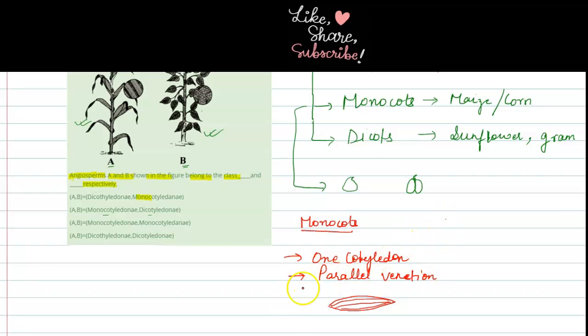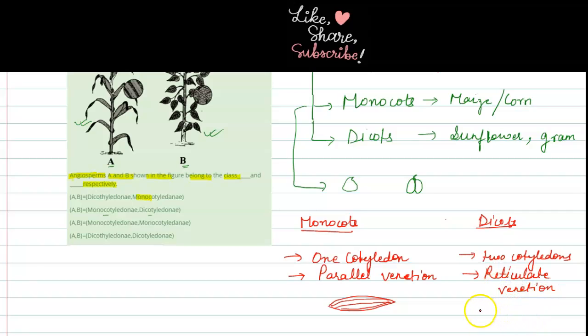Okay. And there are a number of other features of monocots also, but as per this question we are going to just talk about these two points. And if we talk about the dicot plants, the first point is that they have two cotyledons, and they have reticulate venation.